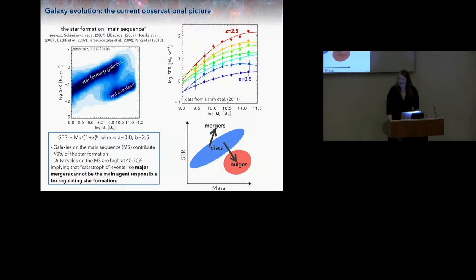We're at the stage where I'm just going to introduce our current consensus view of galaxy evolution. As Hubble pointed out to us nearly 100 years ago, galaxies mostly fall into categories. I'm representing the entire galaxy population on this diagram.